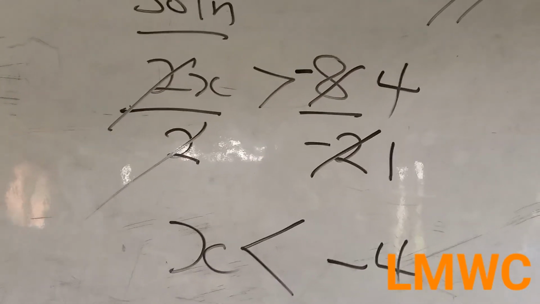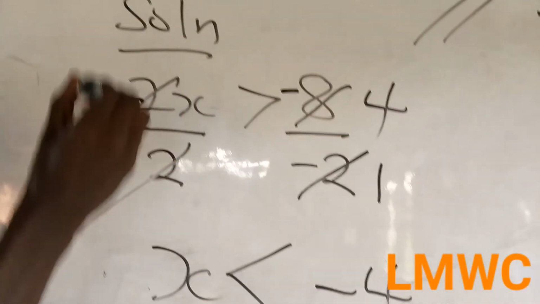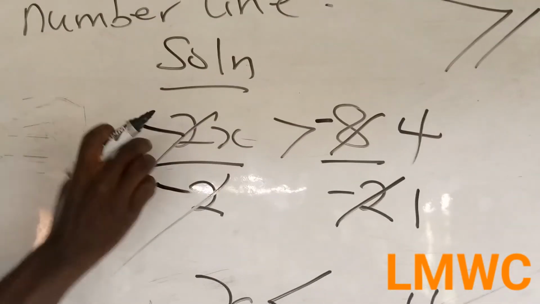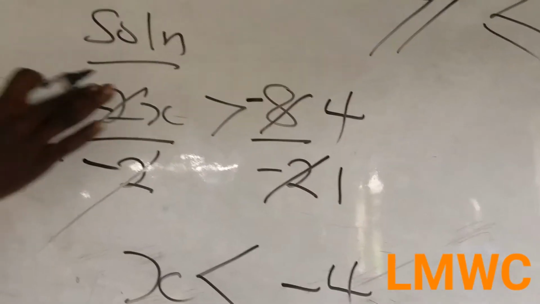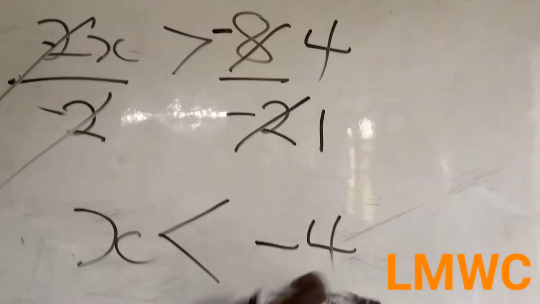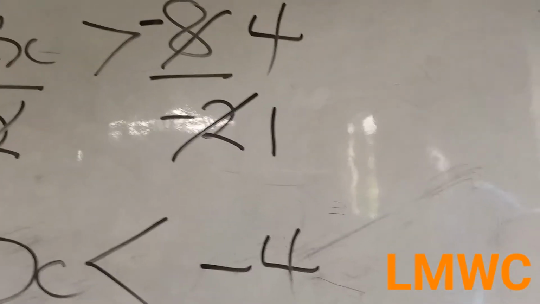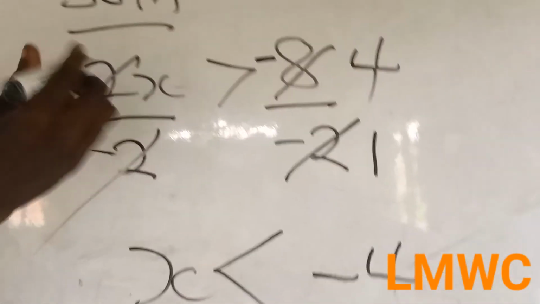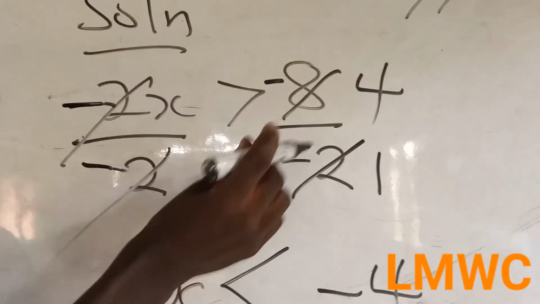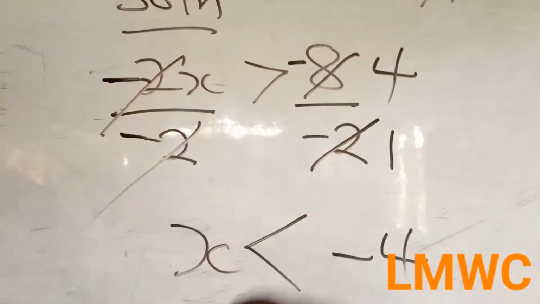The symbol will change once you divide through by the coefficient of x, which is negative, or the coefficient of the variable, which is negative. It's not when you get a negative answer. No. I'm taking it again. If the coefficient of the variable is negative and you are dividing through by a negative, that's when your symbol will change.